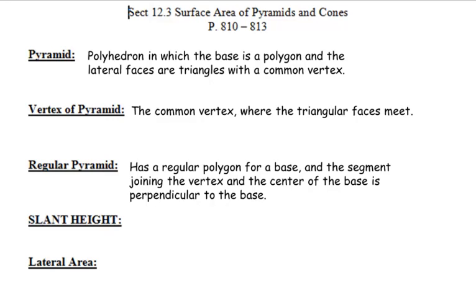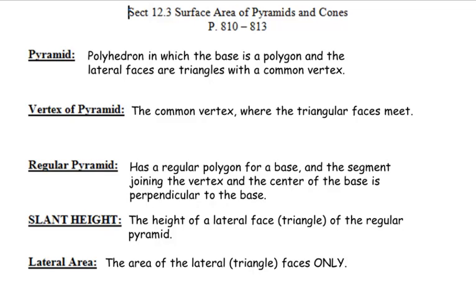All right, next vocabulary word is very important. We've got the slant height. And I'm going to put a real red star next to this one. The slant height, you'll usually see this as a lowercase l in your formulas. If you look at the formula chart, when you get to the EOC STAAR test, it's going to be a lowercase l.